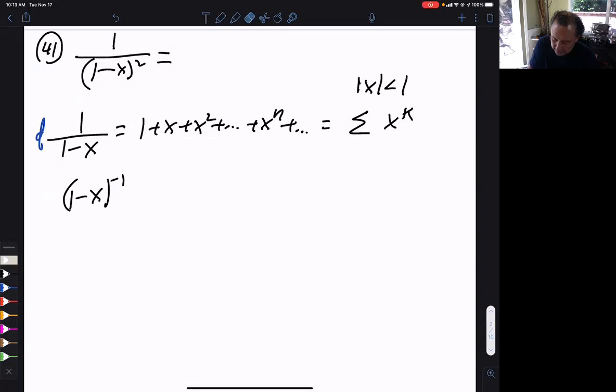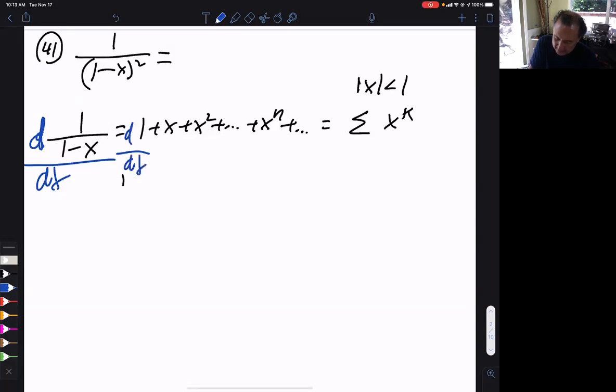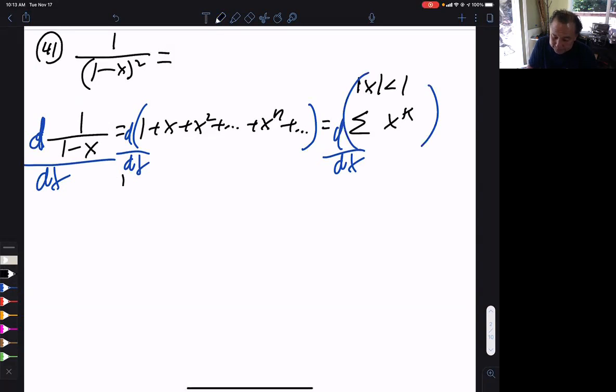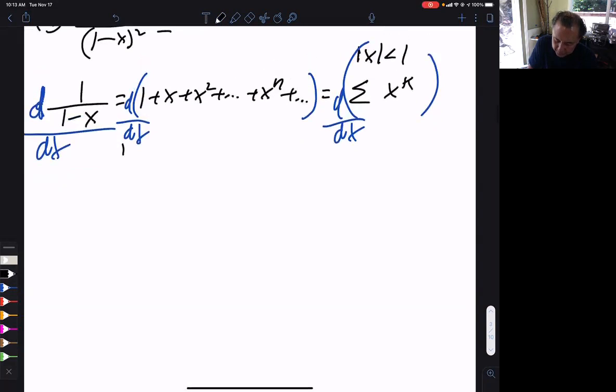That's kind of ugly. d/dx of the whole thing. So this will be negative 1 minus x to the negative 2 power equals, and the derivative of 1 is 0.